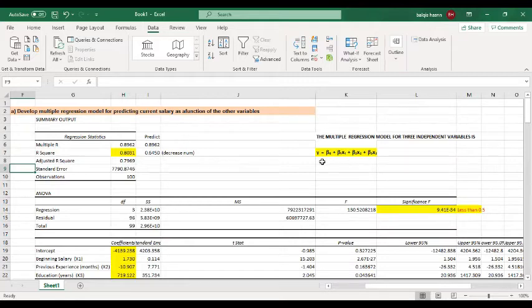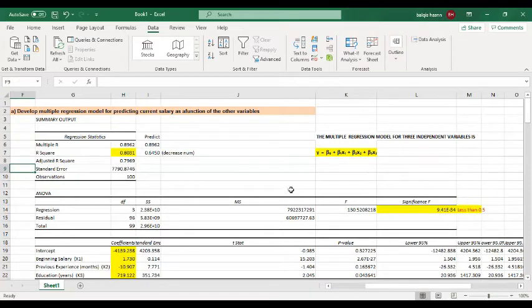Here Y is the current salary, x1 is the beginning salary, x2 is the previous experience in months, and x3 is the education in years.